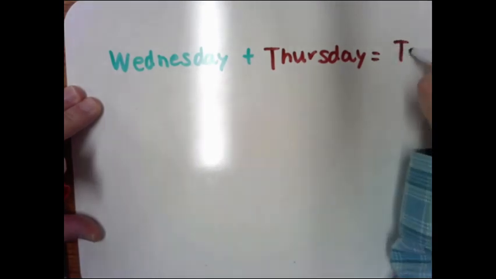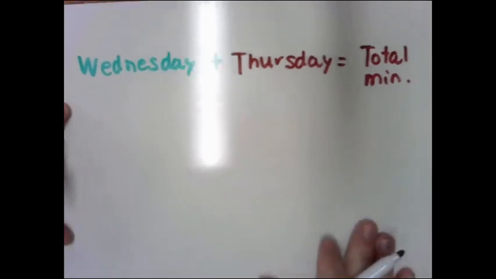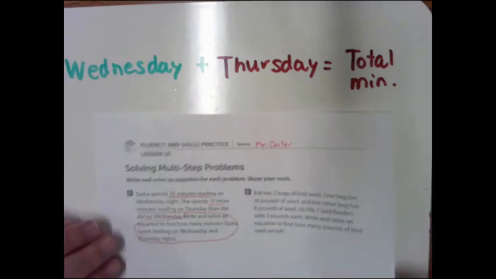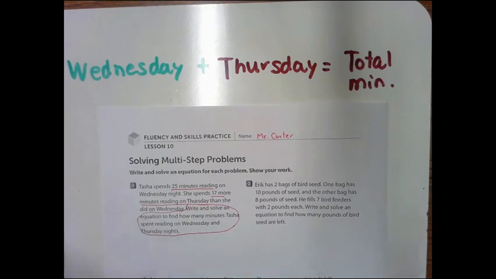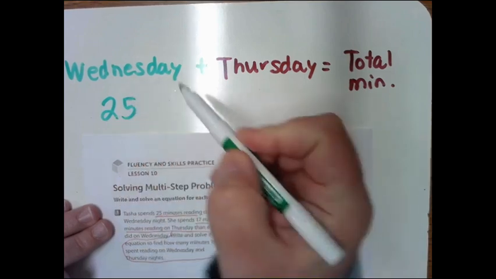Equals the total, right? Minutes. All right. So on Wednesday, if we look back at the problem, it says she spent 25 minutes on Wednesday. So that's just for Wednesday night. So again, it's 25 minutes.